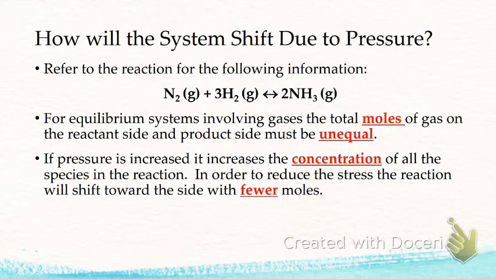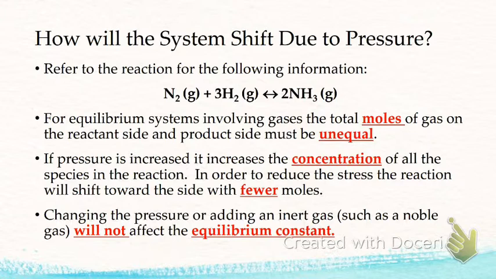So for this particular system, if I increased the pressure, the equilibrium position would shift to the right, creating more ammonia. Okay? But if I were to decrease the pressure, it would shift towards the side with more moles. If I change the pressure by adding a noble gas or an inert gas, it has no effect.